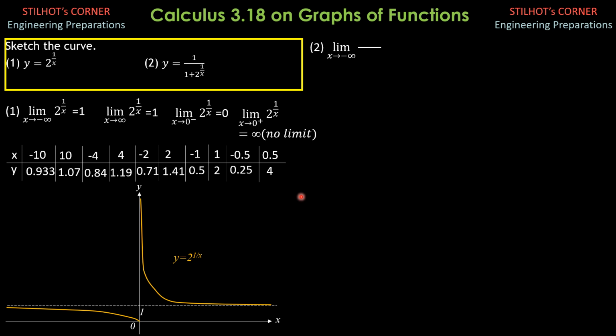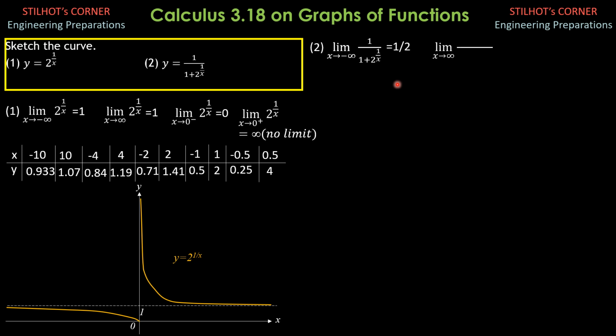For the second, limit as x approaches negative infinity of 1 over 1 plus 2 to the 1 over x. This is 1 plus 2 to the almost 0, but 2 to the 0 is 1. So 1 over 1 plus 1 is 1 half.